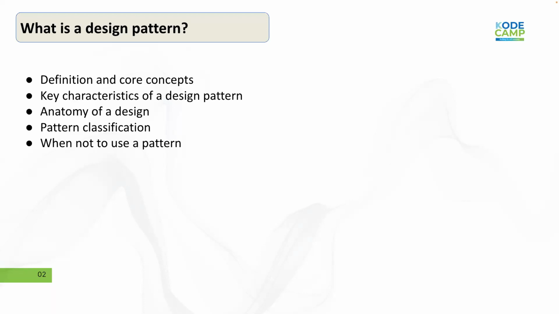The fifth item is collaborations: how participants work together. That is the classes and objects, how they work together. So during planning, you discover the structure, outline the participants, and visualize how they work together. So you come to a conclusion.